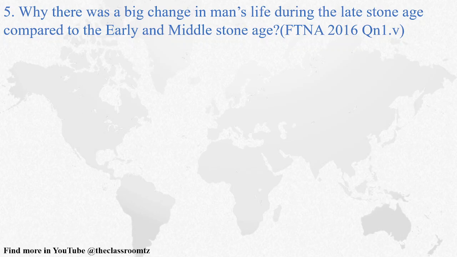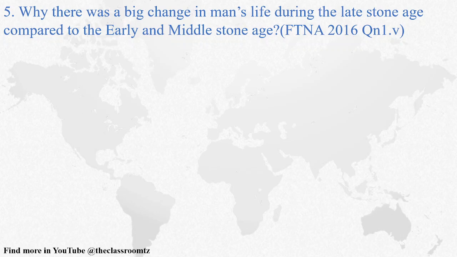Why was there a big change in man's life during the late Stone Age compared to the early and middle Stone Age? Surely all of us will understand the reason why we are calling this early Stone Age, middle Stone Age, and late Stone Age. The main reason is there is some improvement or development of human life compared to the previous stage. That's why they are going from early, middle, and late.